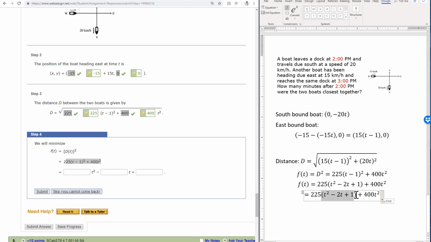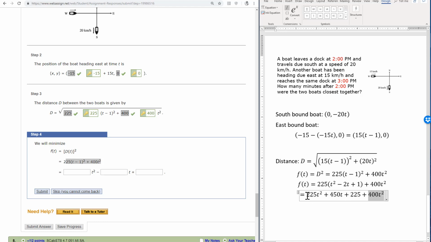So this is going to be 225 t squared, and then we have to double 225. That's 450. So minus 450 t, and then plus 225. This should be a plus. And now we can add the like terms.